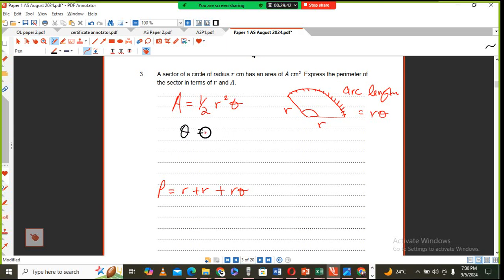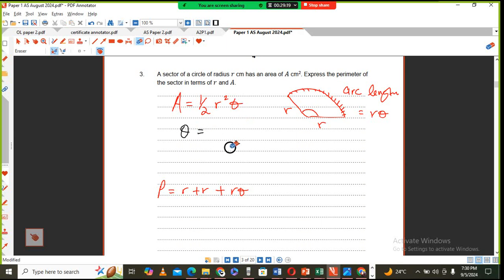You write everything in terms of theta. If you make theta the subject of the formula. Are you following or should I go slow? Okay. I made theta the subject of the formula.